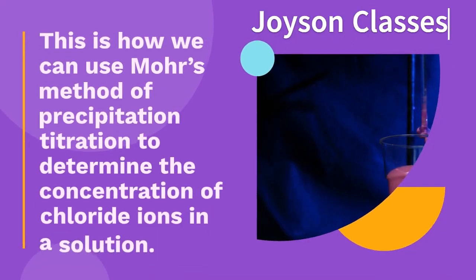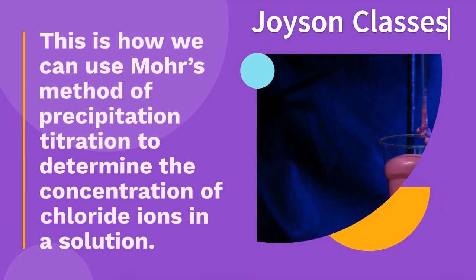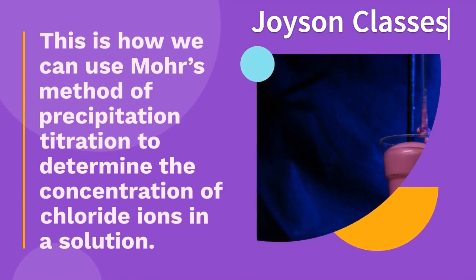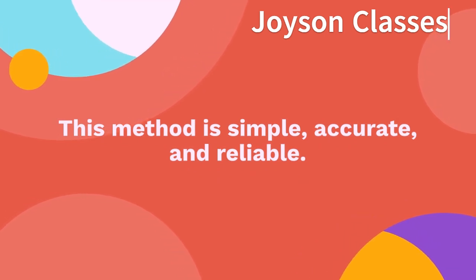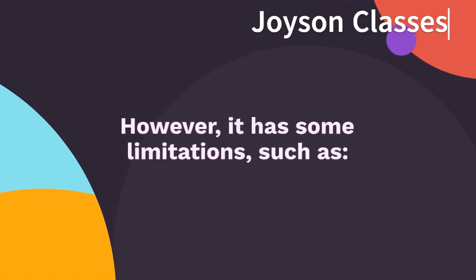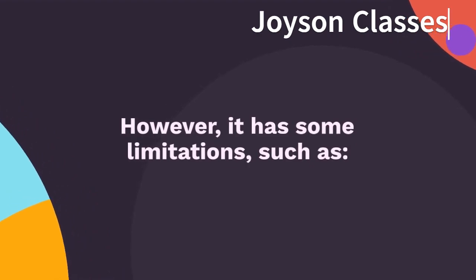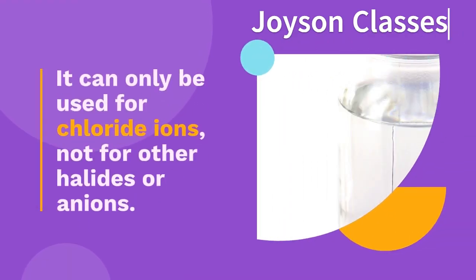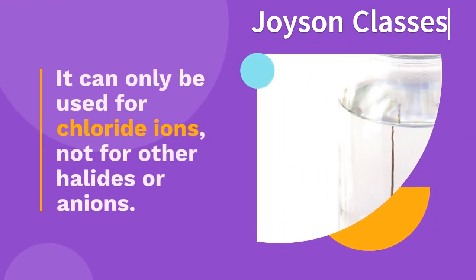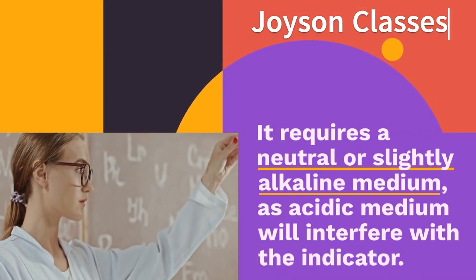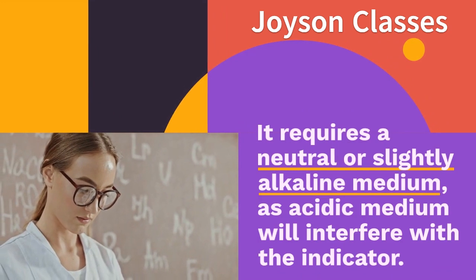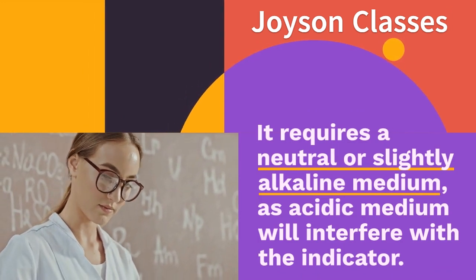This is how we can use Mohr's method of precipitation titration to determine the concentration of chloride ions in a solution. This method is simple, accurate, and reliable. However, it has some limitations, such as it can only be used for chloride ions, not for other halides or anions. It requires a neutral or slightly alkaline medium, as acidic medium will interfere with the indicator.